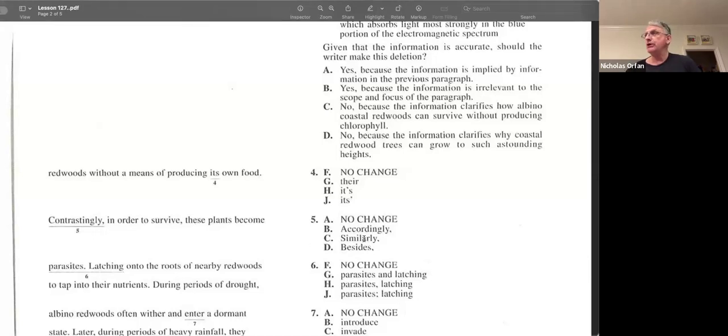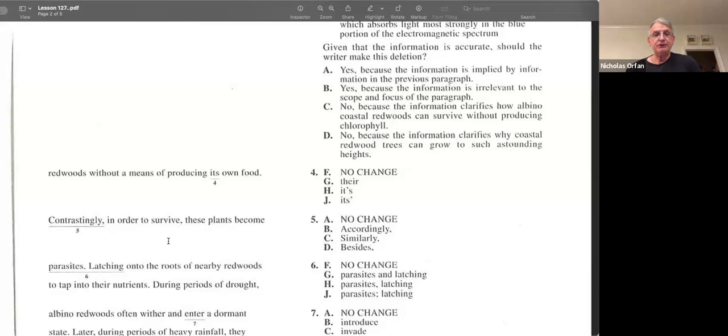It's not a similar thought. It's a thought that's in accordance. So this is wrong. Besides is clearly wrong. Okay. They can't make their own food, and besides that, they become parasites. No, it's not besides, it's because of that. So the only right answer here is B, accordingly. So change this word to accordingly.